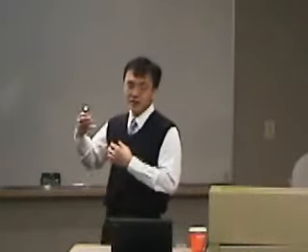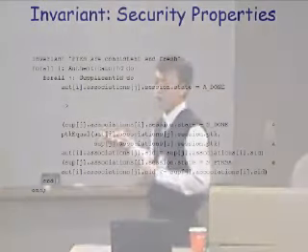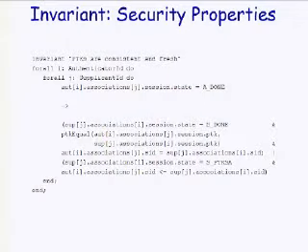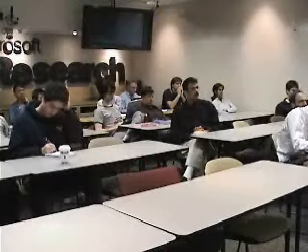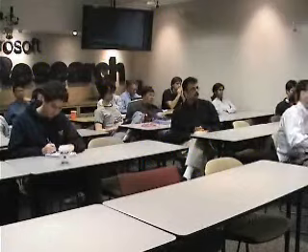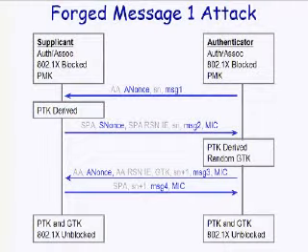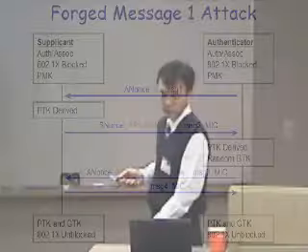We need to program every rule, for every entity, for every state in the system, and so we need to understand the protocol beforehand. These are the security properties we want to check: that the PTKs are consistent and fresh.